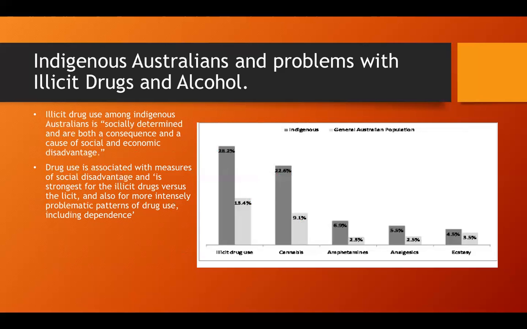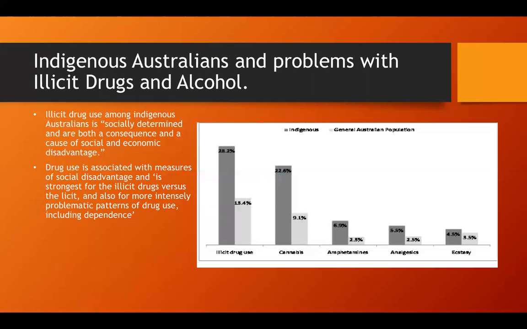If we have a look at that little graph there that I've actually got off the website I was accessing, Indigenous Australians are grey, and the general Australian population is a lighter grey. So you look at illicit drug use: 28.2% of Indigenous Australians compared to 13.4%.